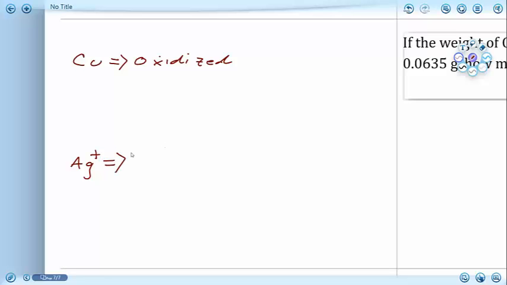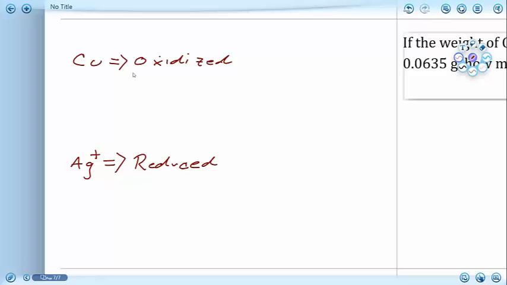We never refer to the products as being oxidized or reduced. These are features of the reactants. So the silver ions were reduced.